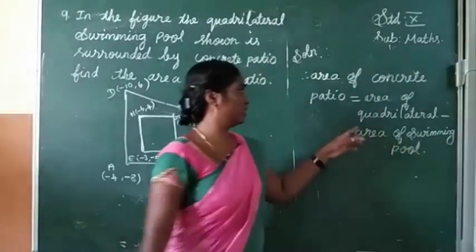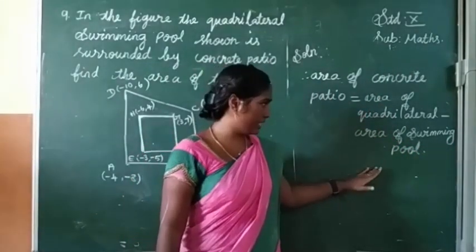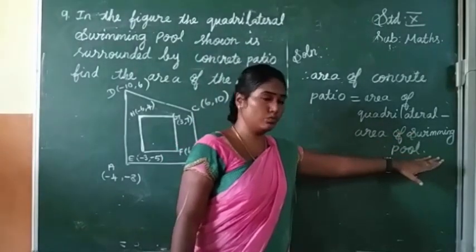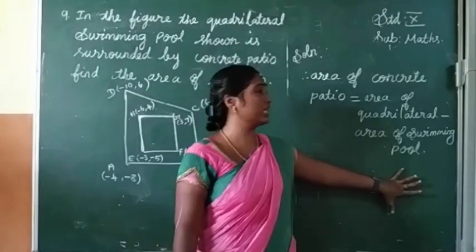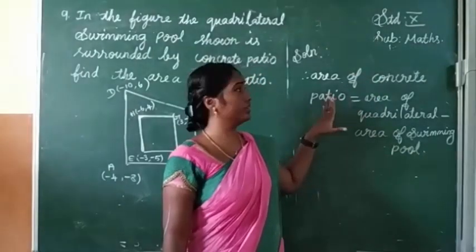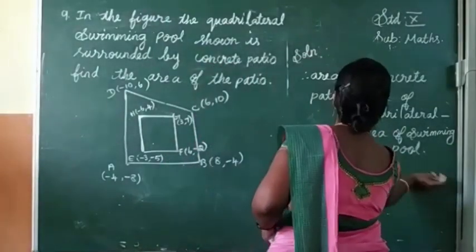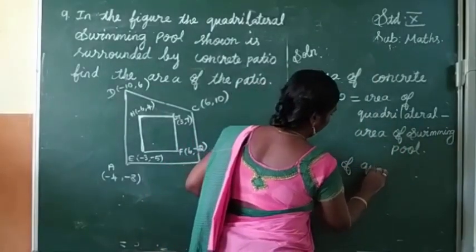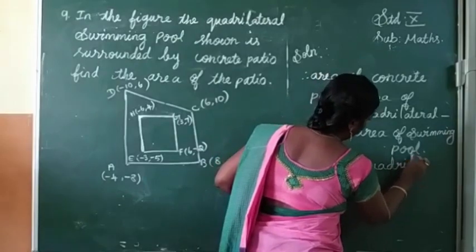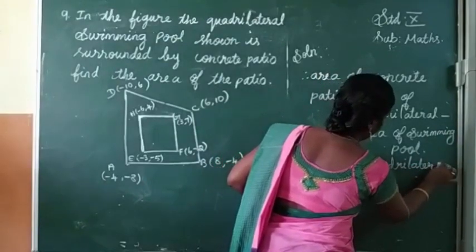So first we are going to find out the area of a quadrilateral, then we are going to find out the area of a swimming pool, then we are going to subtract that answer, then we can easily find out the area of a concrete patio. So first write area of a quadrilateral.